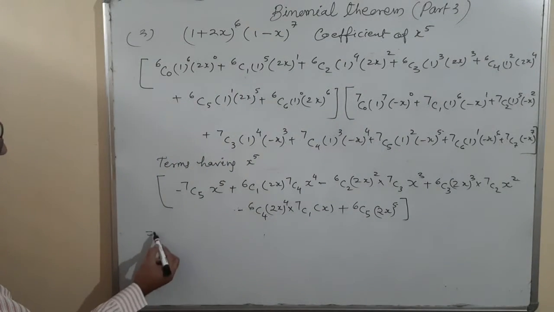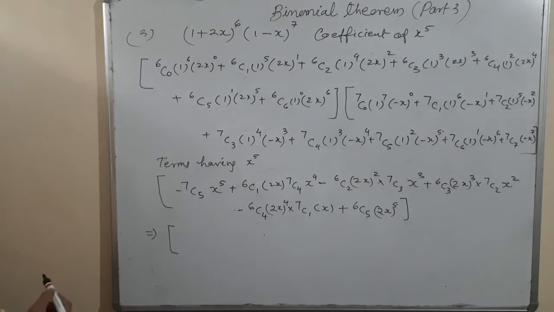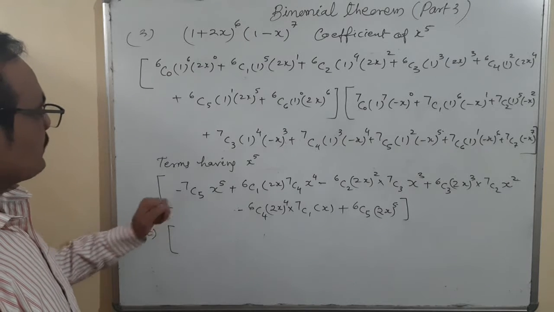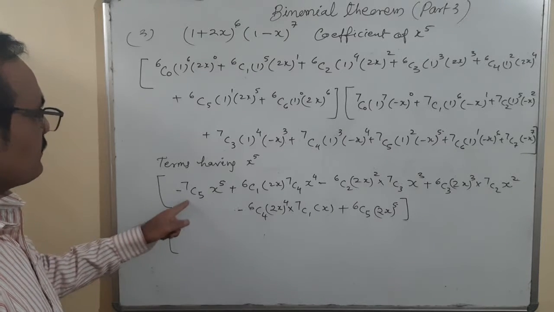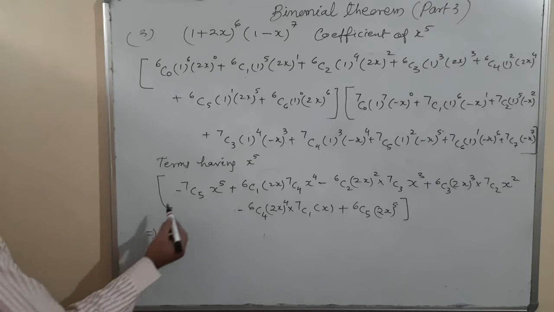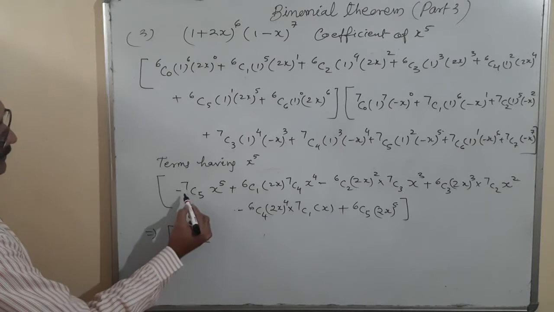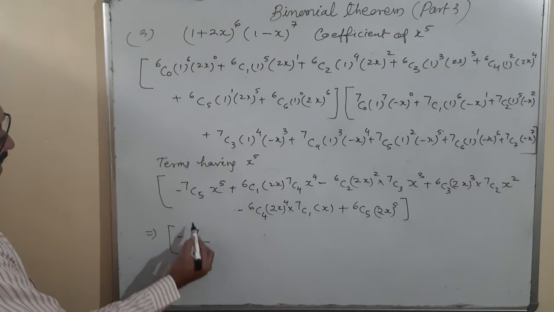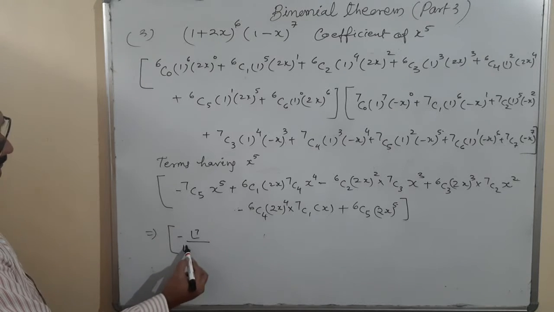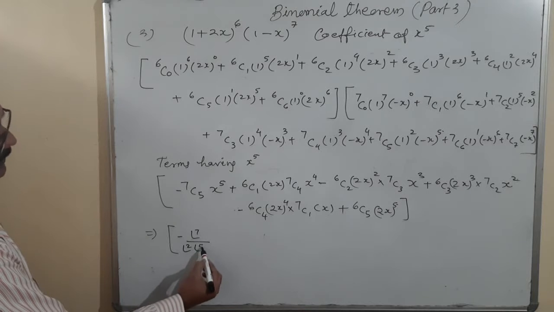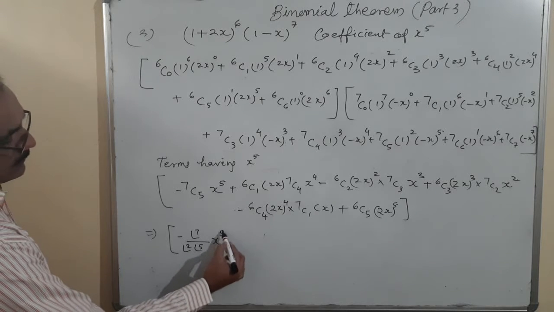Okay, now let us start calculating. This is minus sign 7c5. What is 7c5? What does it mean? Minus sign factorial 7 upon factorial 5, factorial 7 minus 5, that is 2, factorial 2 and factorial 5, x to the power 5.